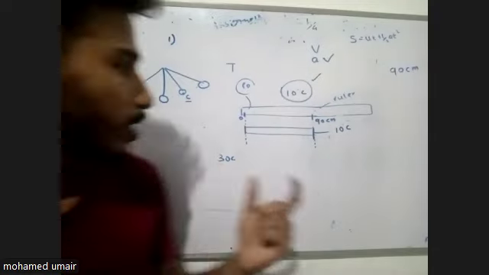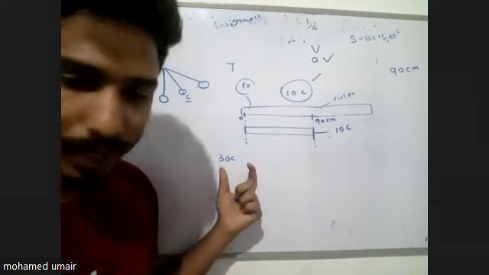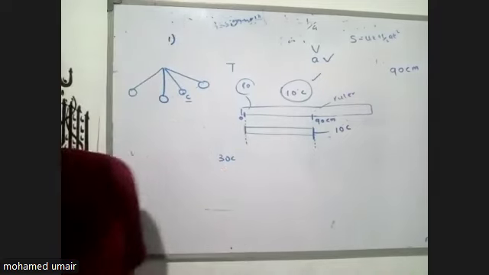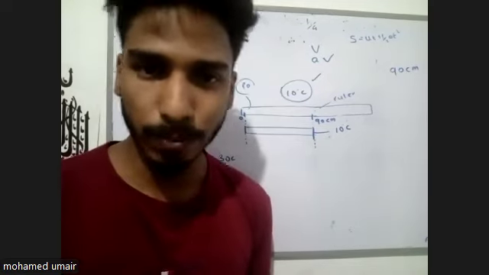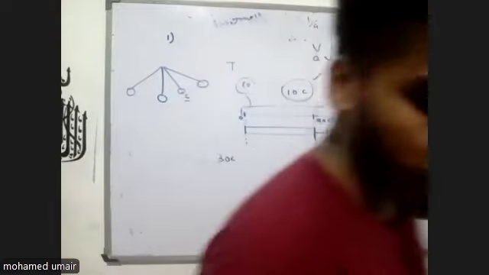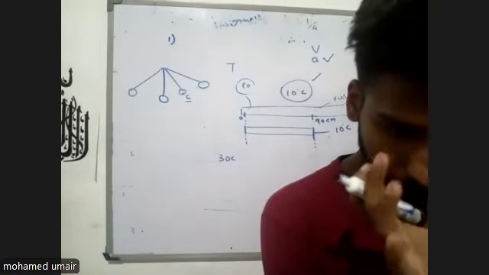So what can you say about this? When the temperature is varied, what would happen? Yeah, of course, there will be a contraction or an expansion. Did anyone get an answer for this?